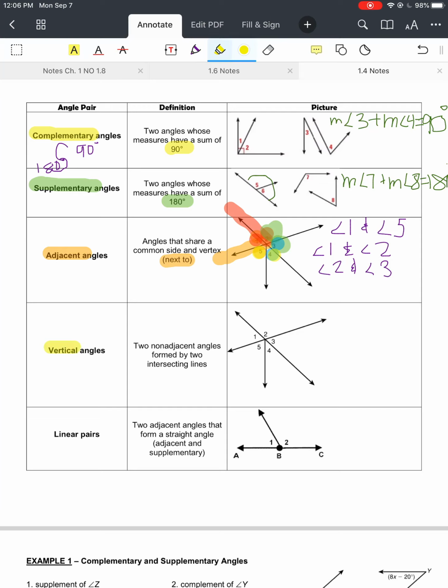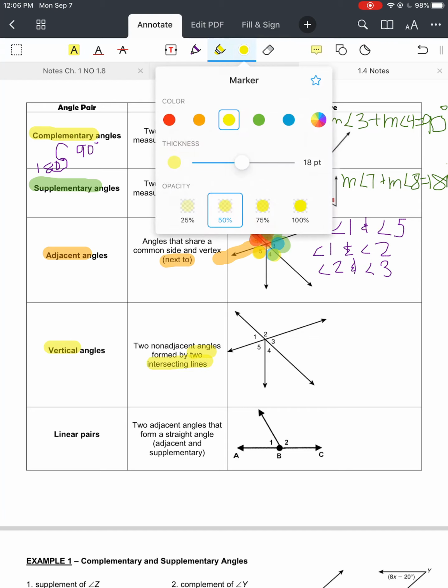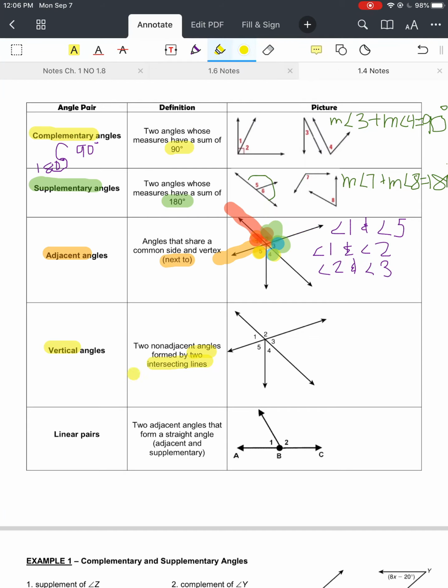Vertical angles, our next definition. Vertical angles are non-adjacent angles that are formed by two intersecting lines. I like to think of these as making an X, or sometimes I call these bow tie problems because they form a little bow tie.